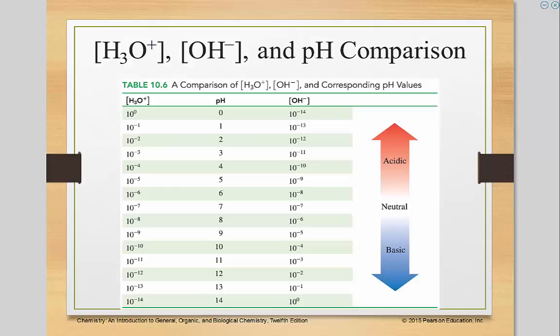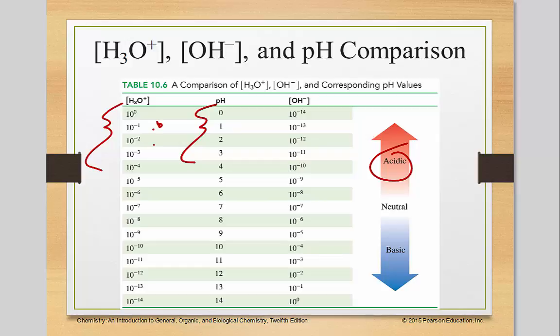So here's the relationship between pH and the H3O plus concentration and the OH minus concentration. As the concentration of the H3O is high, your pH is going to be low, and that means it's more acidic. It's actually inversely proportionate. For instance, this times 10 to the 1 is actually 0.1. Times 10 to the negative 2 is 0.01.